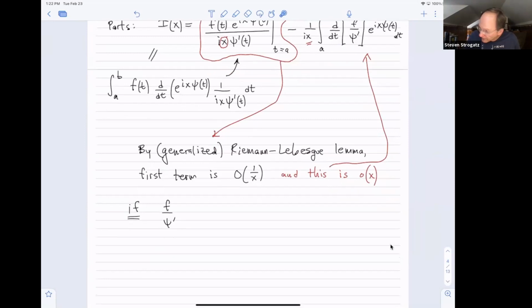So let's say that if that is smooth, or I'll be sort of vague about what I mean by smooth enough on the closed interval AB, and we don't want it to be 0 at both endpoints.